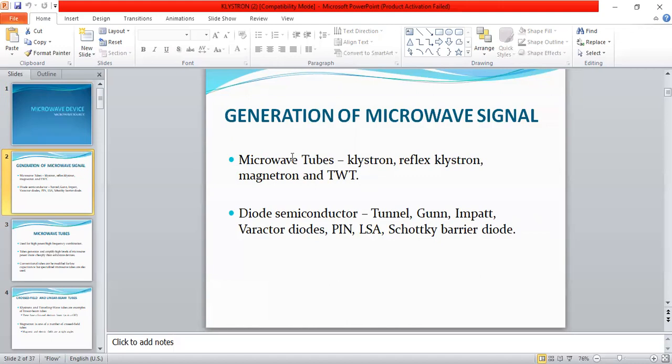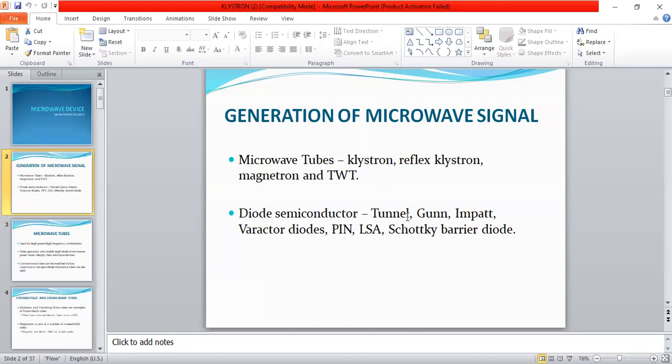Here in microwave tubes, we will study about klystrons, reflex klystron, magnetron, and traveling wave tubes. All these are going to generate microwave signal as well as going to amplify the microwave signal also. And the second technology is the diode semiconductor technology. Here, the semiconductor technology is also called as solid state microwave devices.